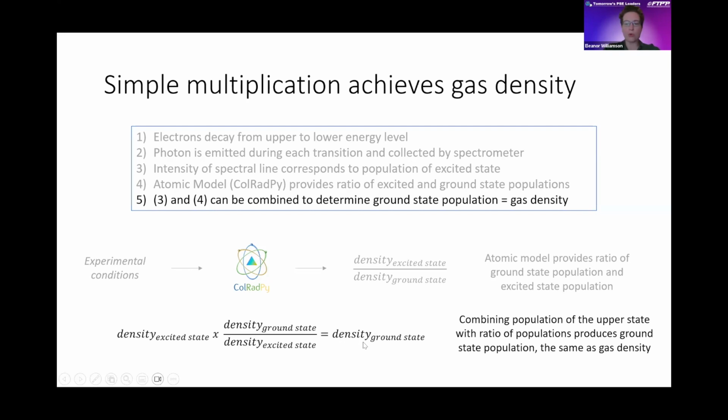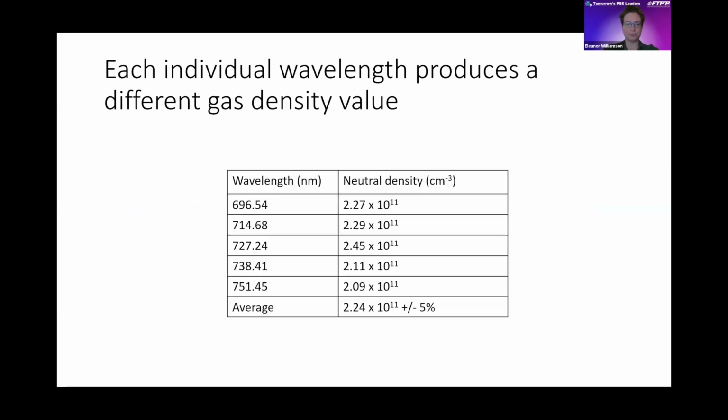And so with that, we are able to get a functional diagnostic. Well, what happens if we use it? Here is a chart from one particular spectrum. Remember that every single wavelength produces a neutral density, a gas density, from one particular upper level.